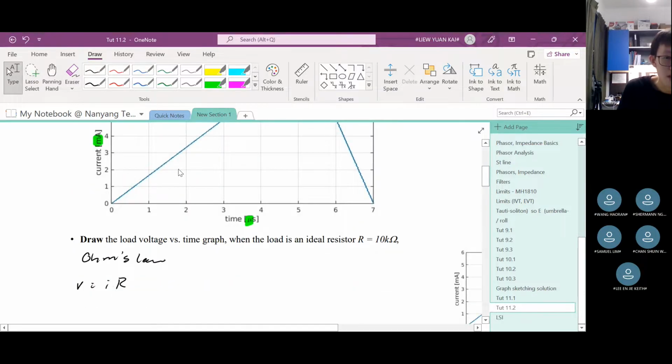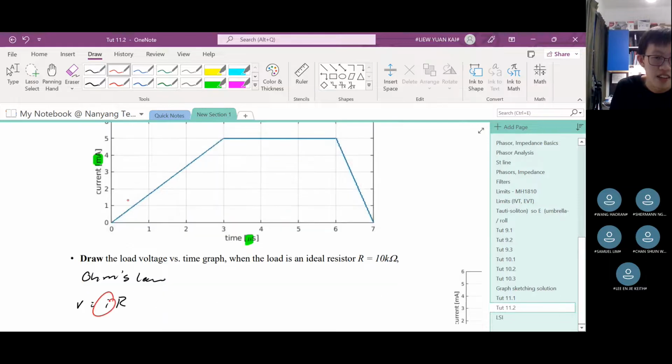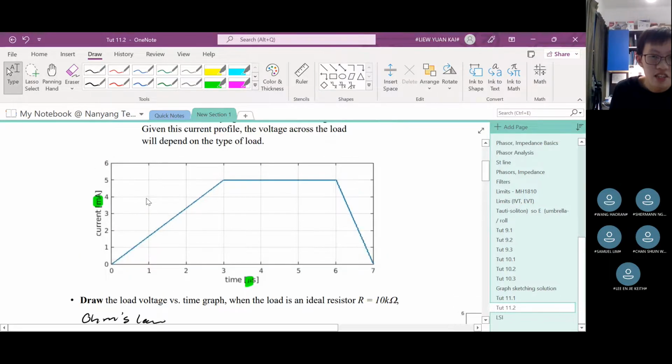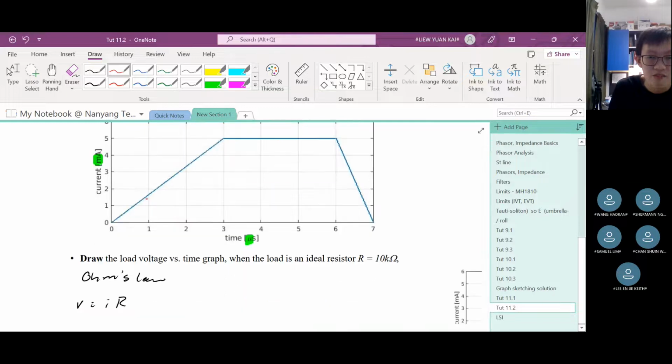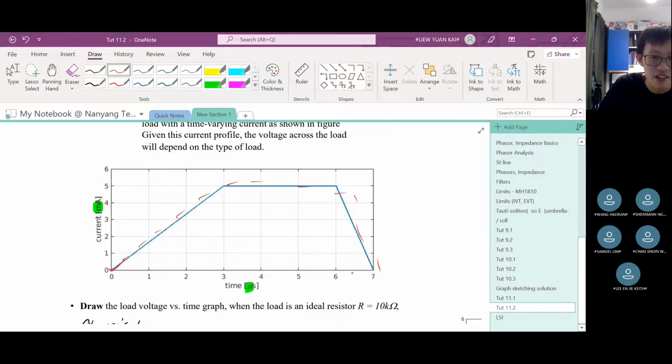So what does that mean? That means the potential difference across the resistor is given by the current that goes through the resistor multiplied by the resistance. And this graph gives you current already. So what does current times the resistance mean? It just means I scale this graph by the resistance R. I take the current and multiply it by R, so all these values that you see here, I multiply by R. So what you expect is a taller graph.